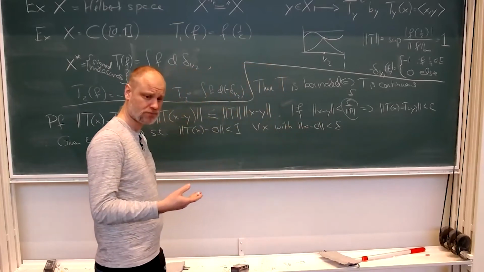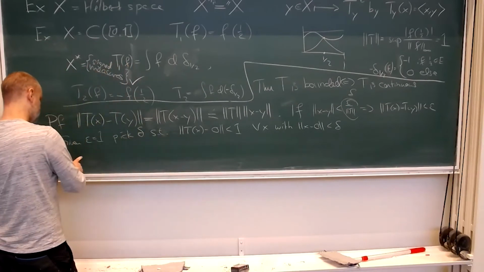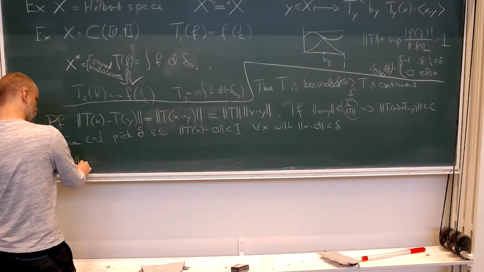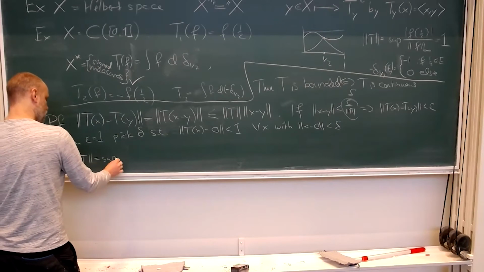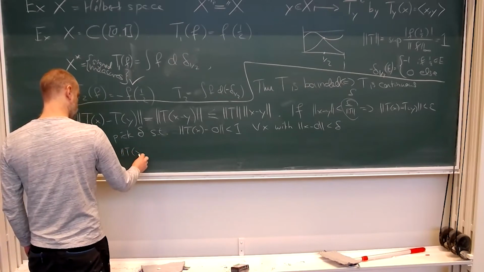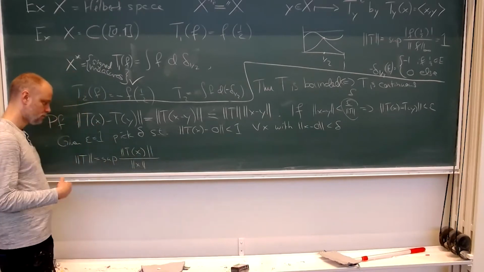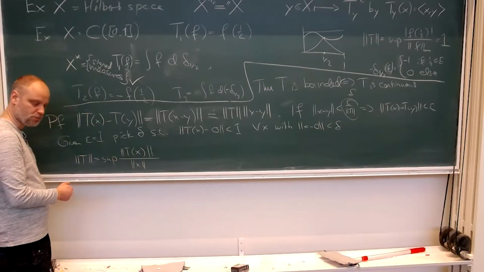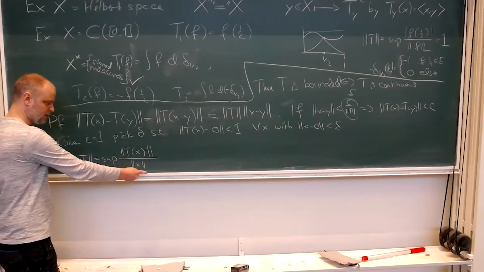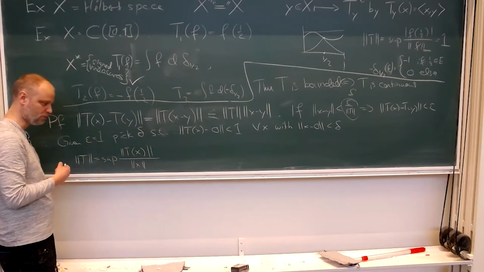Okay? And with this I have that the norm of T is equal to the supremum, okay, this supremum here. Now the problem is that x can of course be much bigger than delta, so I don't have much use for this information here.